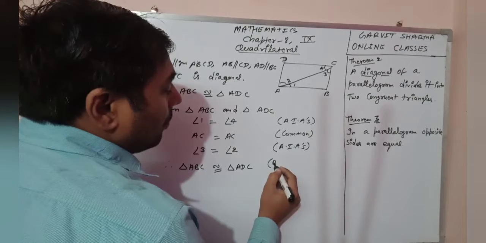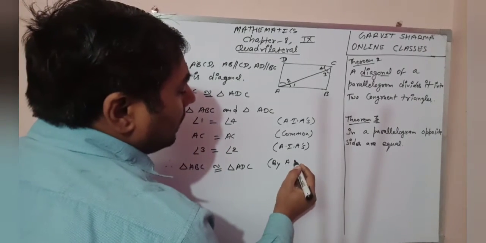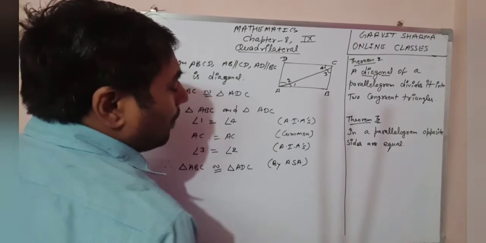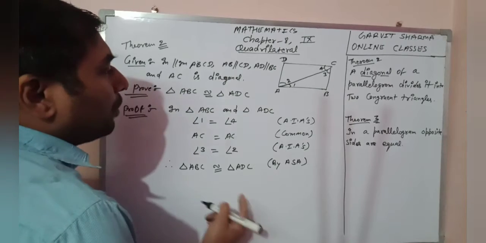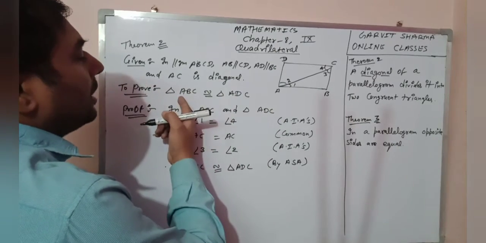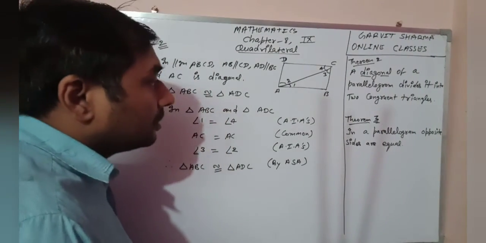By how? By angle side angle property. We have proved that ABC and ADC are congruent.